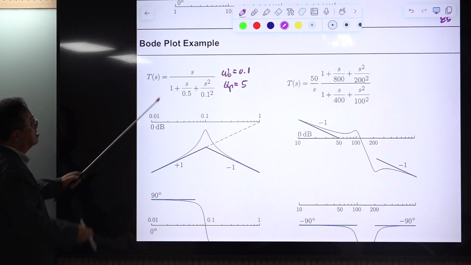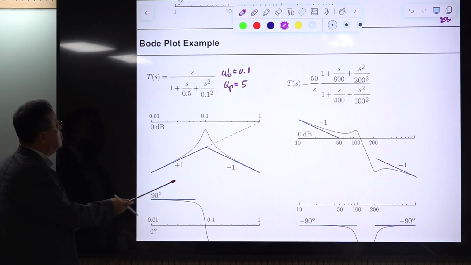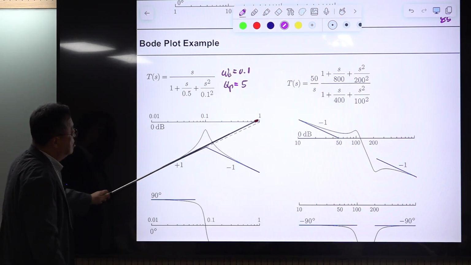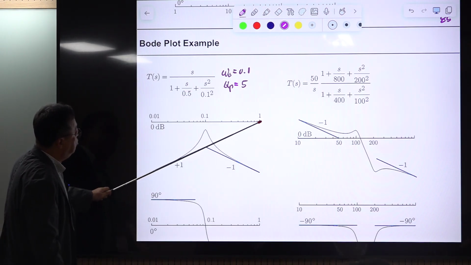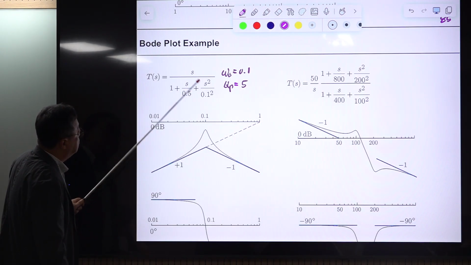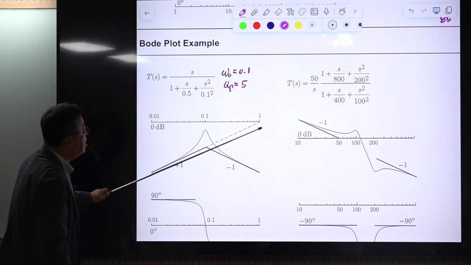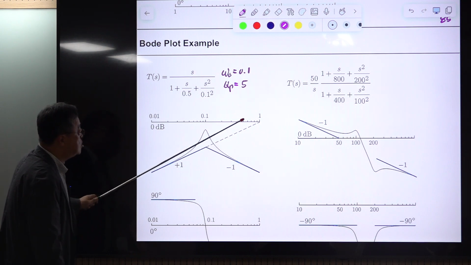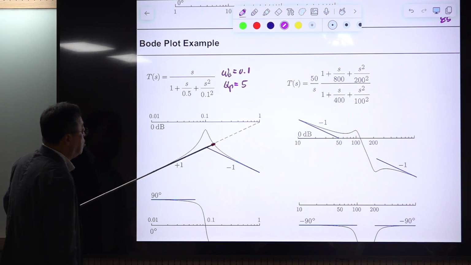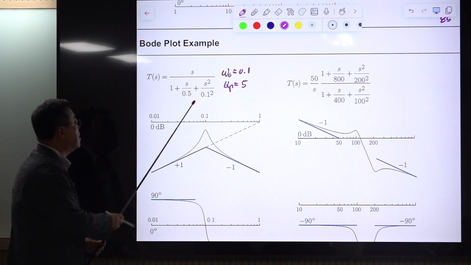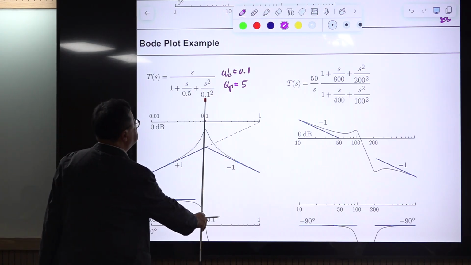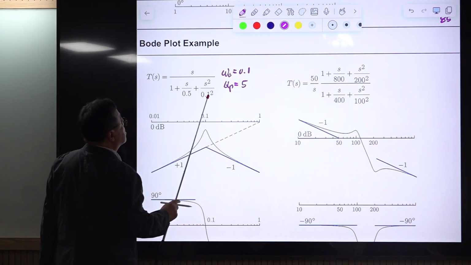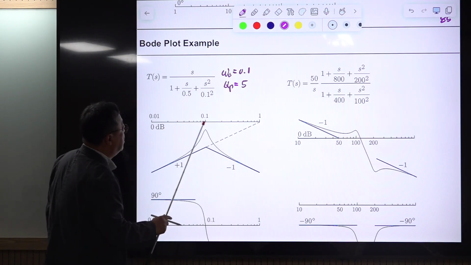So the asymptotic plot of this starts from here, 0 degree. This one has plus 1 slope, and this line segment is looking at 1 radian per sec, because when this is 1, that becomes 0 dB, all right? So it is like this, and in the middle of this, there is a double pole at 0.1, at this point.